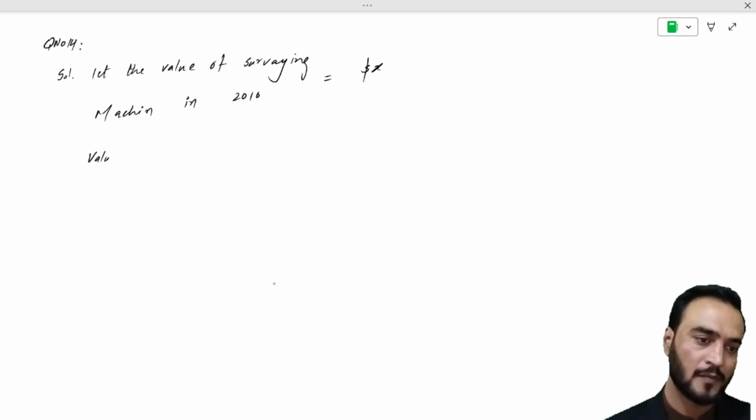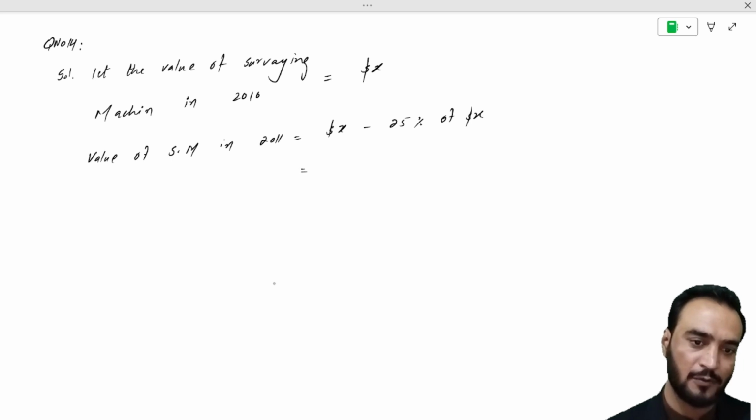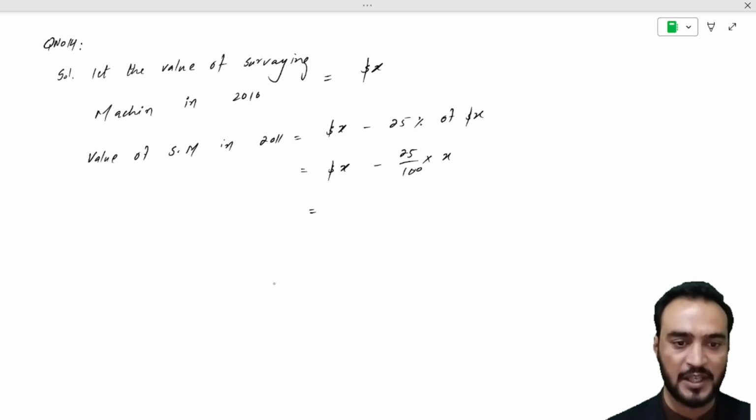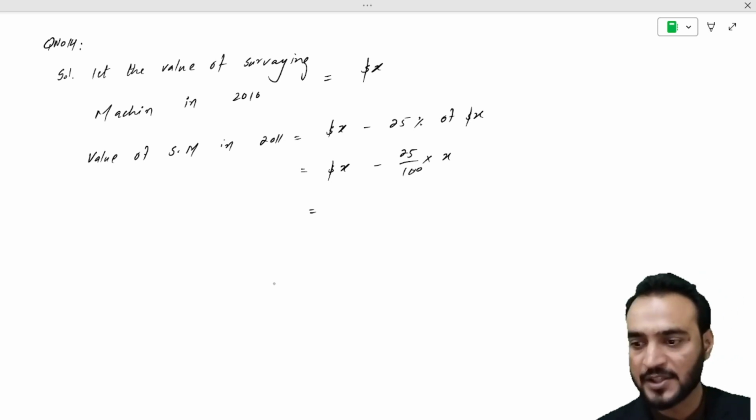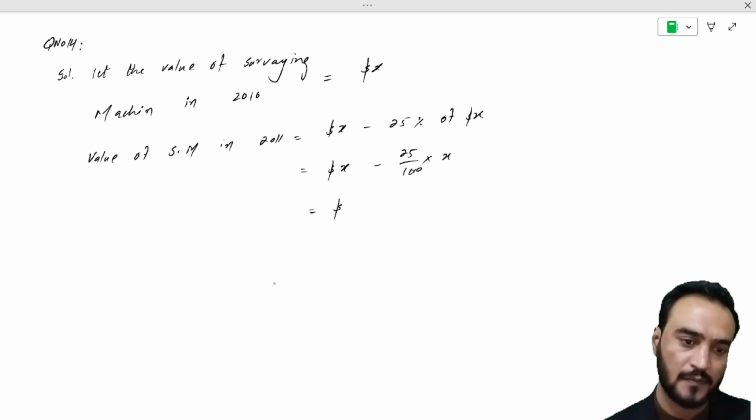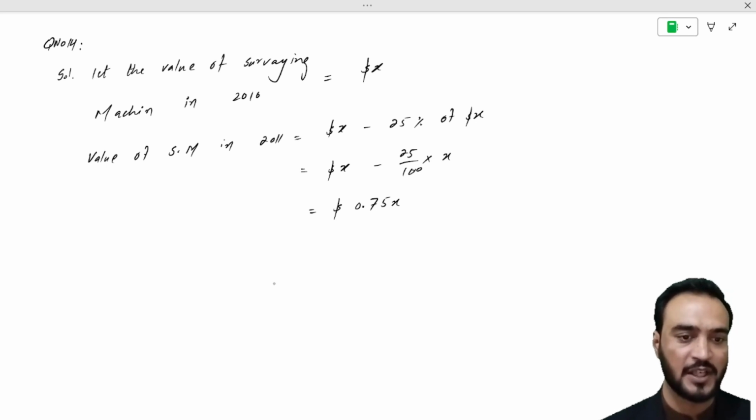So the value of surveying machine in 2011 is equal to X dollars minus 25% of X dollars. So this is equal to X dollars minus 25 divided by 100 times X. After simplifying this, we will get the value of surveying machine in 2011, which is 0.75 times X dollars. So this is the value of the machine in 2011.